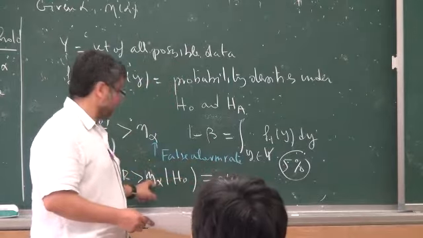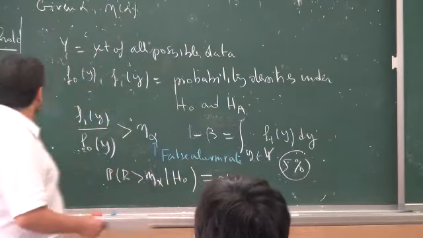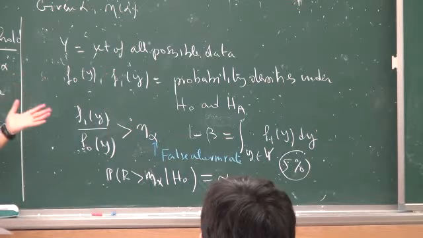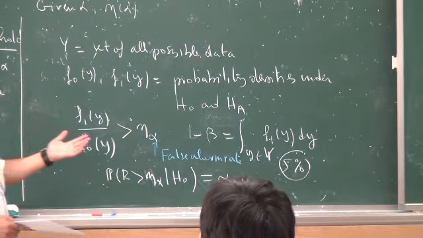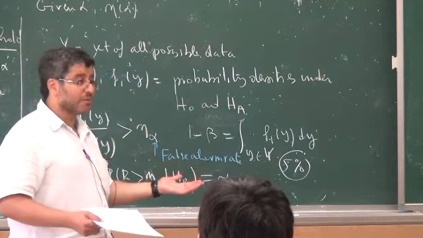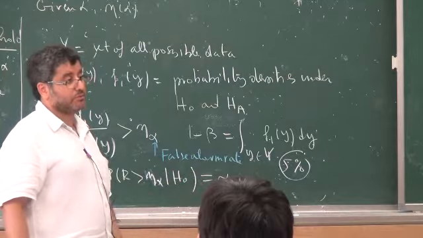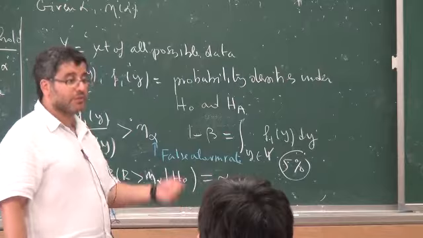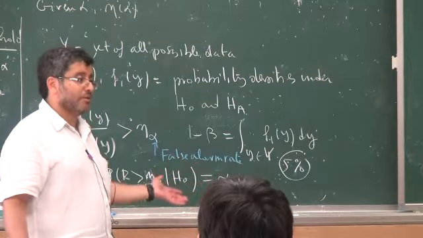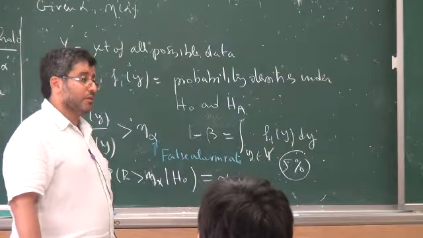You fix the ratio here, you compare R to the ratio, and your probability of detection is 95%. If you make the experiment 100 times, 95 times you will be right. You say there is something, and 95% of the time you are right. Okay.